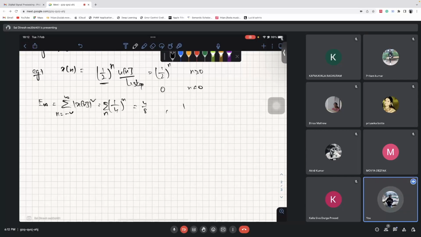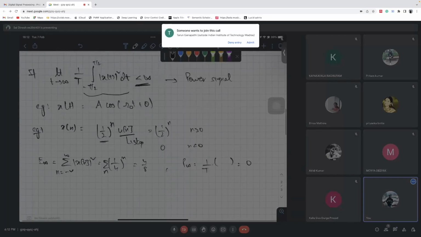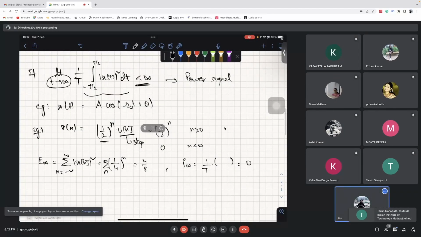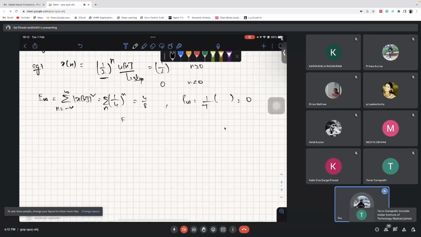And then if you find the power, since this is a finite energy signal, 1 by T times this energy would be equal to 0 since T is tending to infinity here. So what we have is E infinity equal to 4 by 8 and P infinity equal to 0 here.